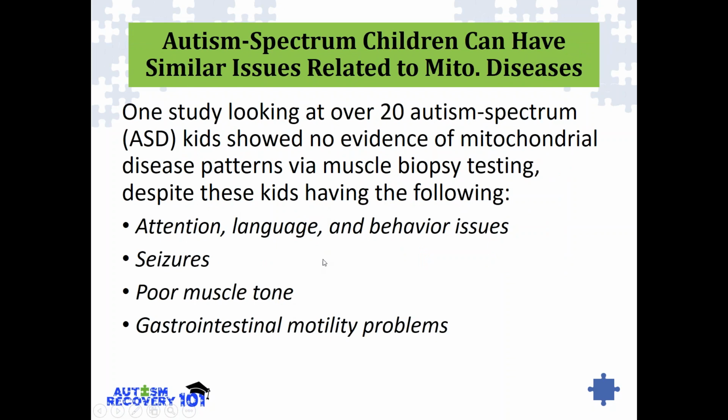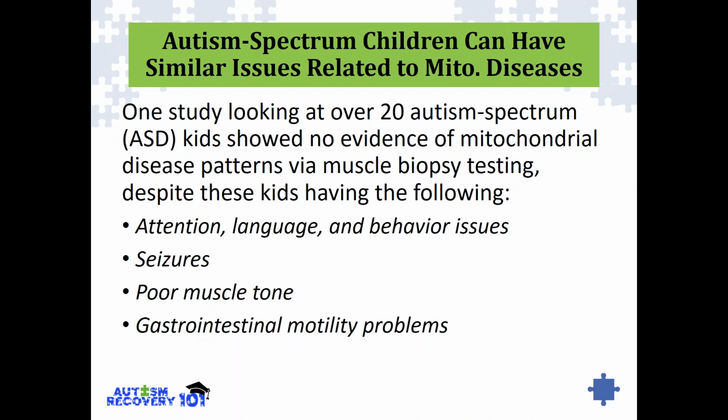In fact, one study looking at autistic kids showed that even when they did muscle biopsy testing, which showed no evidence of mitochondrial disease, these kids had attention and language and behavior problems. They had seizures, poor muscle tone, gastrointestinal, what's called motility problems, things that are common with the mitochondrial diseases.